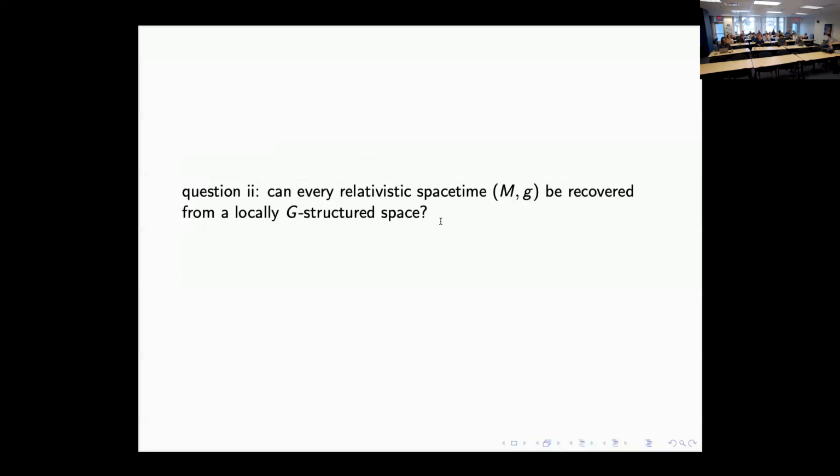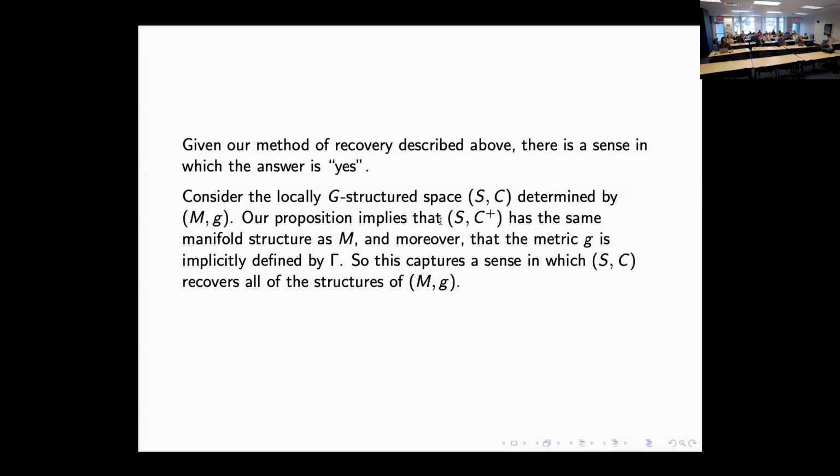Okay, so we can now actually answer this question, at least give my yes answer. Can every relativistic spacetime be recovered from a locally G-structured space? Given our method of recovery described above in answer to question 1, there is a sense in which the answer is yes. Consider the locally G-structured space determined by some spacetime MG. Our proposition from a couple slides ago implies that the manifold I recover from SC is just the manifold M. And moreover, the metric G is implicitly defined by my coordinate transformation pseudogroup gamma.